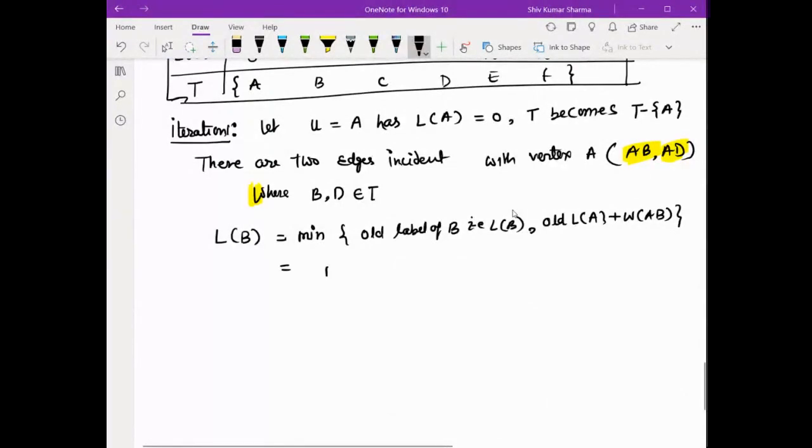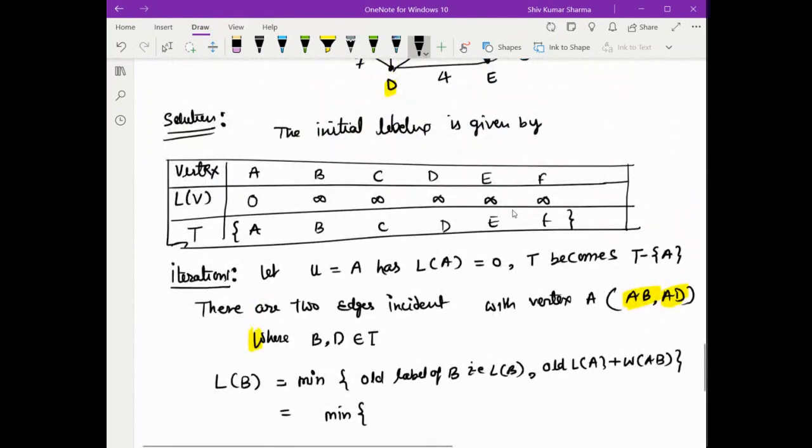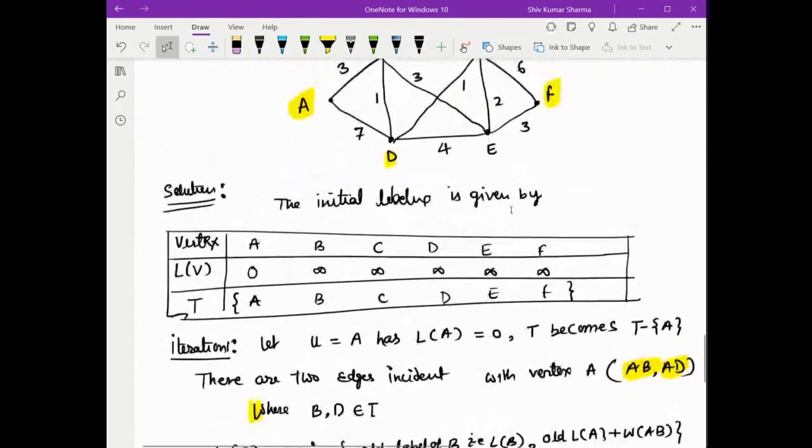So you can write minimum of old level of B. We give the old level of B as infinity. Here we see that the old level of B is infinity, comma, old level of A. Old level of A is 0, that means A has the permanent level 0, plus weight of AB.